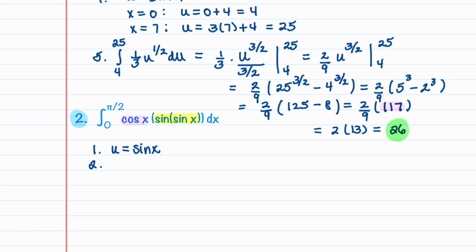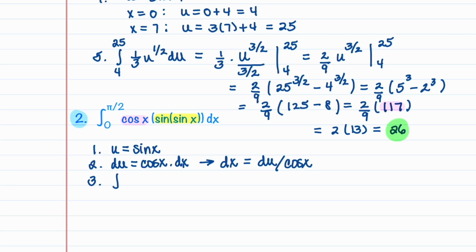For our second step, we're going to find du. du is equal to cosine x dx, and we're going to solve for dx, and we get dx is equal to du divided by cosine x. Let's now substitute this back up into our integral. We're not going to worry about the limits right now.